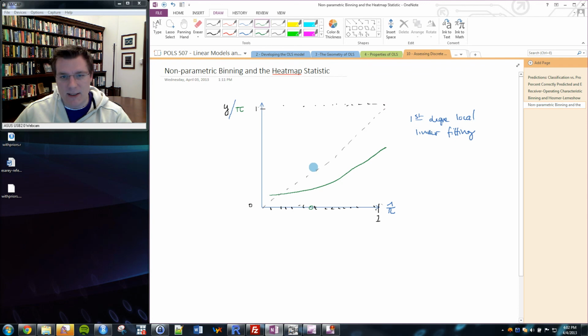For every single case, our estimate of pi hat should be a very good predictor of the empirical proportion of cases pi. If we undershoot that line, that means that pi hat is bigger than pi, so pi hat is overestimating.